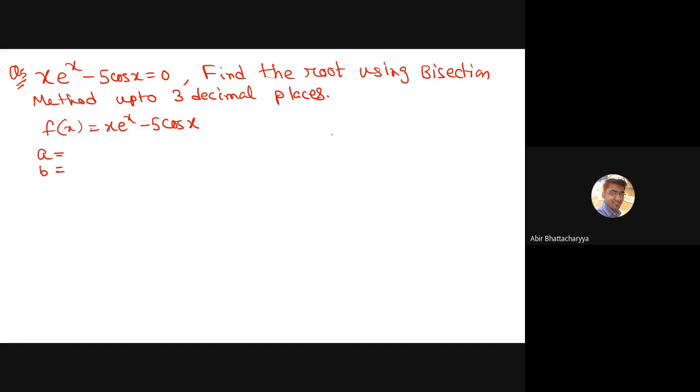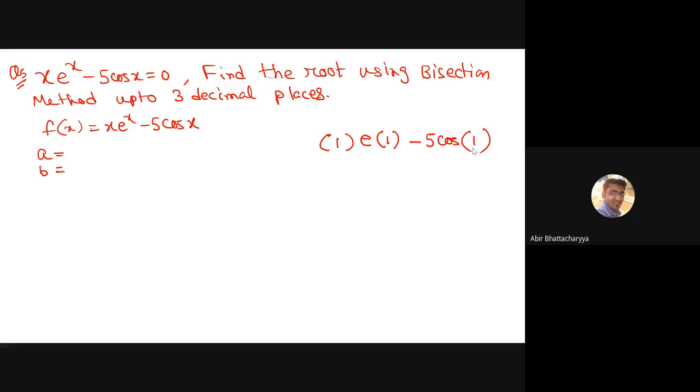If you are not well aware of the calculator, suppose you are finding f of 0 or f of 1. Let's say f of 1, so you write bracket 1, shift ln, that means e power 1, like this, e^1 minus 5 cos of 1. Okay Kusant, I got your answer.